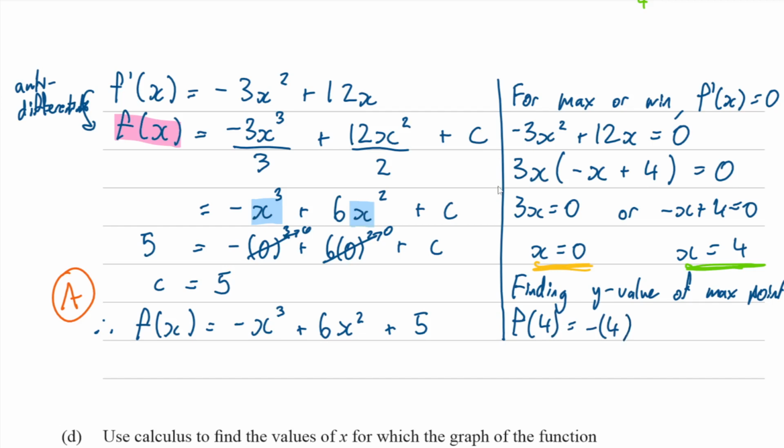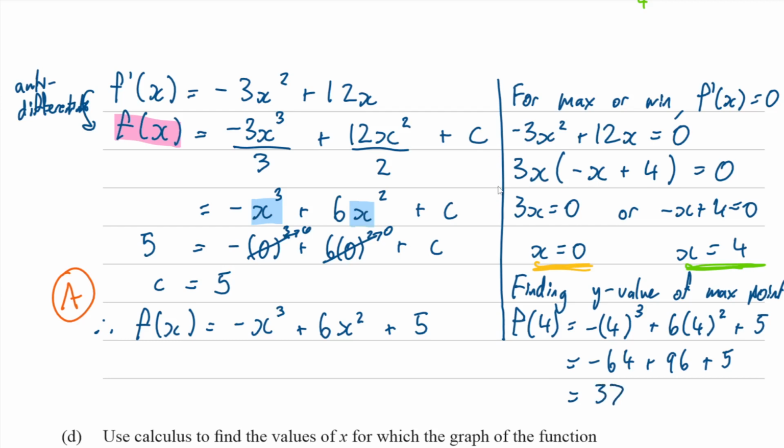So negative 4 cubed plus 6 times 4 squared plus 5. 4 cubed, what's that? 16 times 4, 64, so minus 64. Plus 4 squared is 16, 16 times 6, 96. Plus 5. Quick maths, what is that? 32 plus 5, yep, 37.